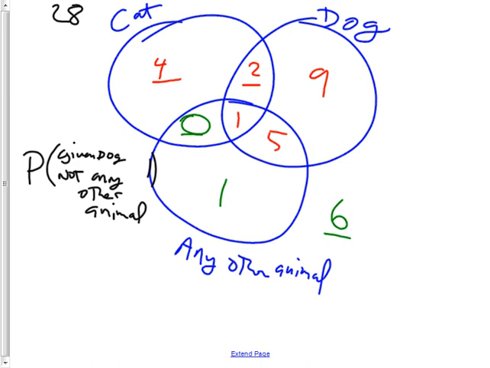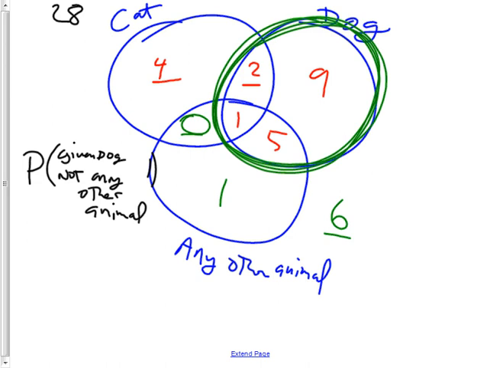All right, here's the key to this. The given changes the denominator. Given that they have a dog means I can only pick from these numbers. If you ever use another number after that, you're doing it wrong. Okay? So then that adds up to 17. And that goes on the bottom because those are all the things that are possible.